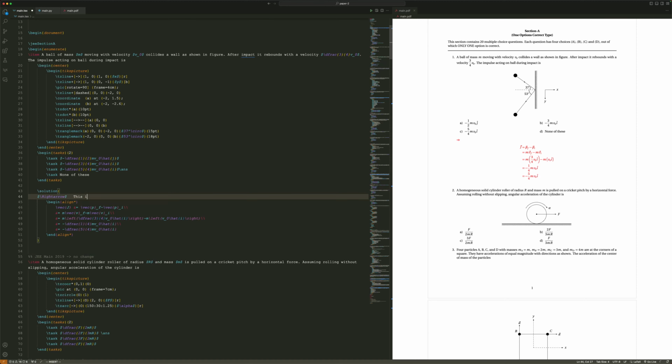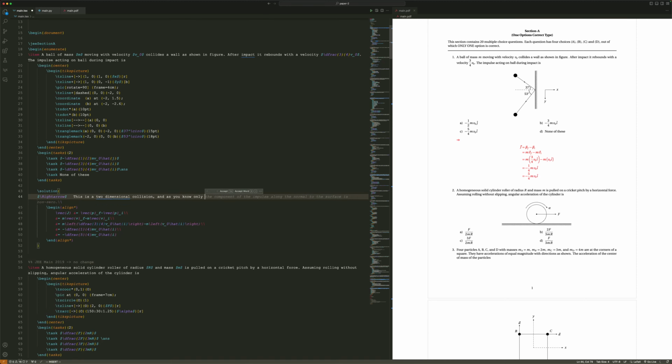So let's say this: as you can see, this is a two-dimensional collision, or oblique collision.